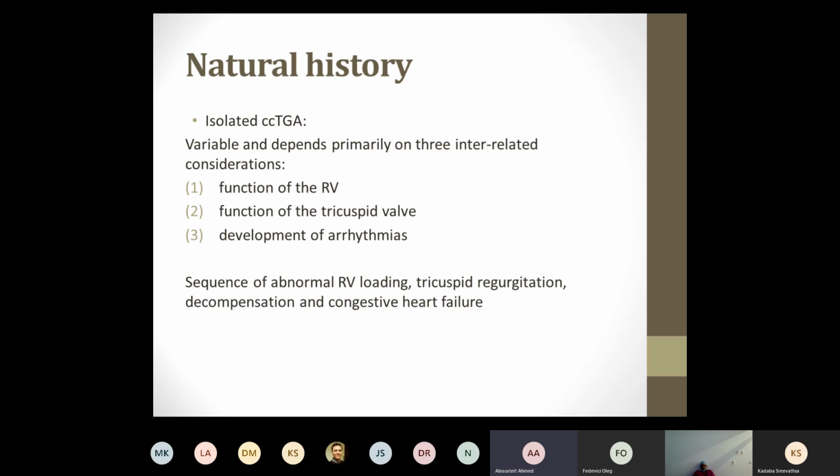It also relates to a sequence of abnormal RV loading, then tricuspid regurgitation, leading to decompensation of the heart and congestive heart failure. There was a study that by the age of 45, about two thirds of patients with congenitally corrected TGA would present with an element of congestive heart failure.